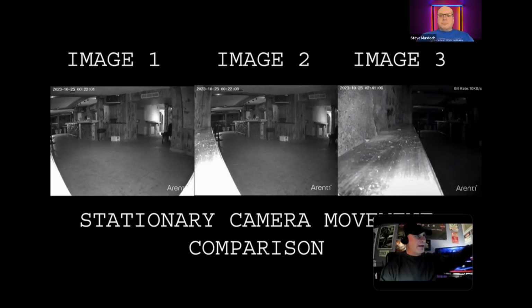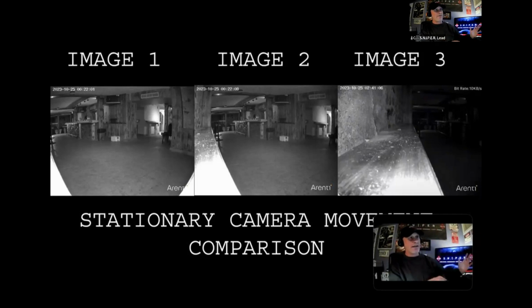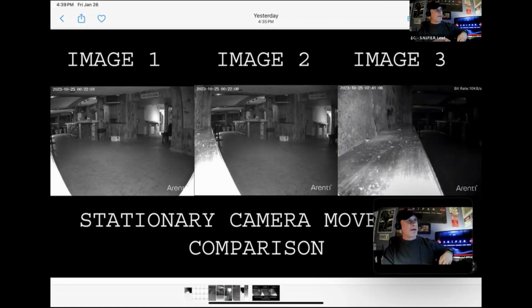And then in image three, with the timestamp saying 2:41, you can see it's not even close to the other two images because it's shoved even more to the left. It's showing the wall where the other two images weren't even picking up the wall.